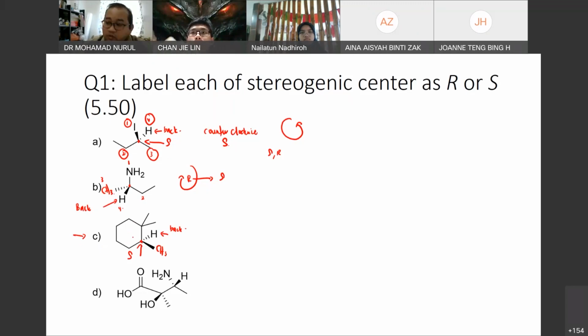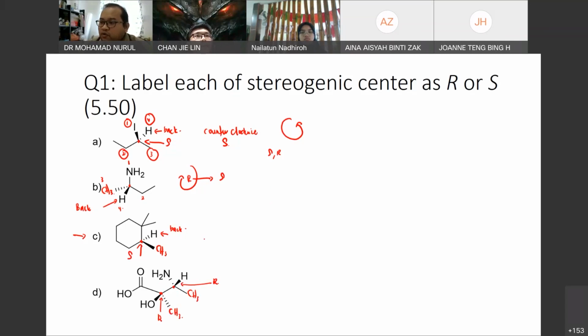Okay, so for the last one, we have these two stereogenic centers. Again, you have to go back to the definition. What is a stereogenic center? Again, to make sure everybody isn't confused, just put CH3. Okay. So again, this carbon is R, and this carbon is R. You do it yourself, counterclockwise, anticlockwise, you do it yourself.